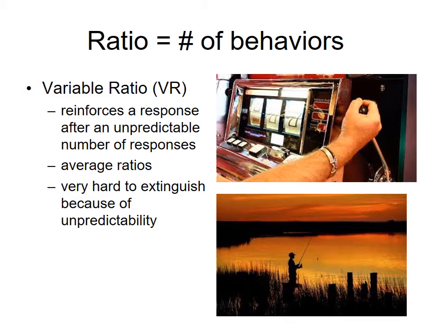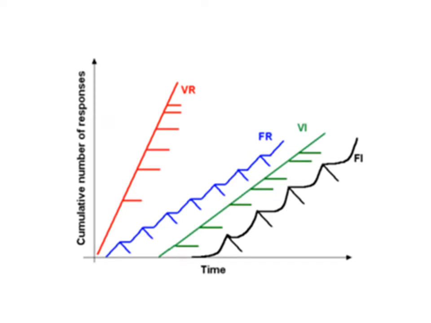Because of that, this has a very fast rate of acquisition and a very, very high inability to extinguish. It's very hard to extinguish this because it might just be that one time, that next time that you do the behavior. So you have your variable ratio.